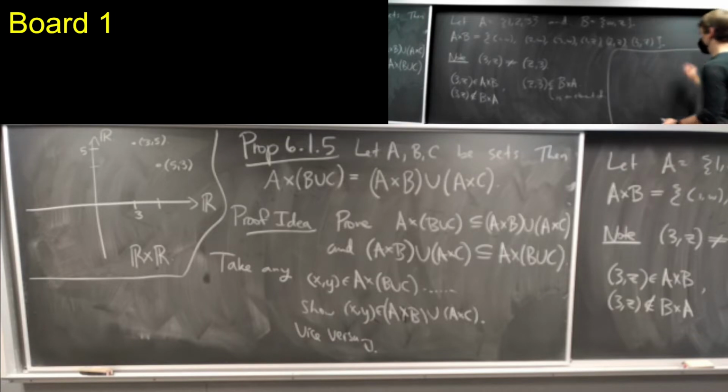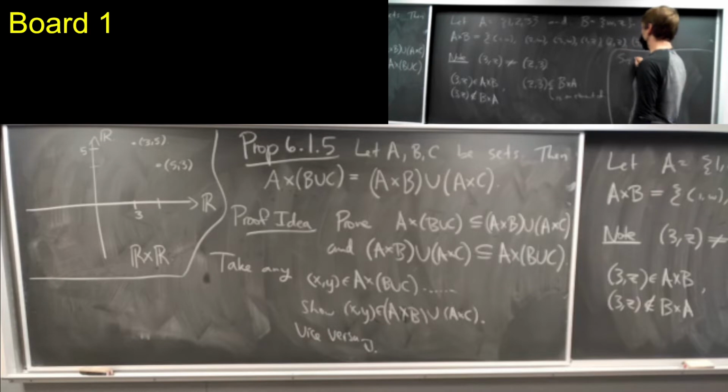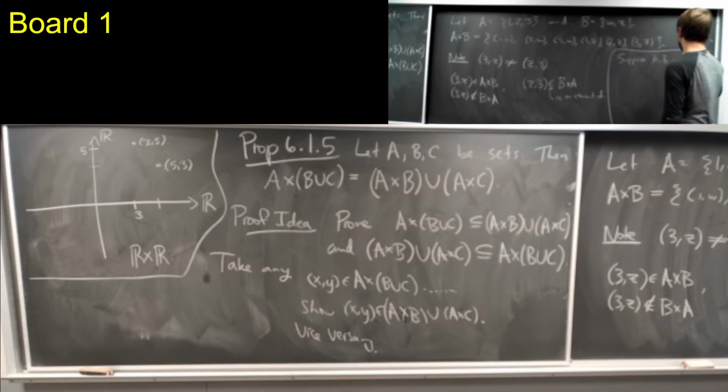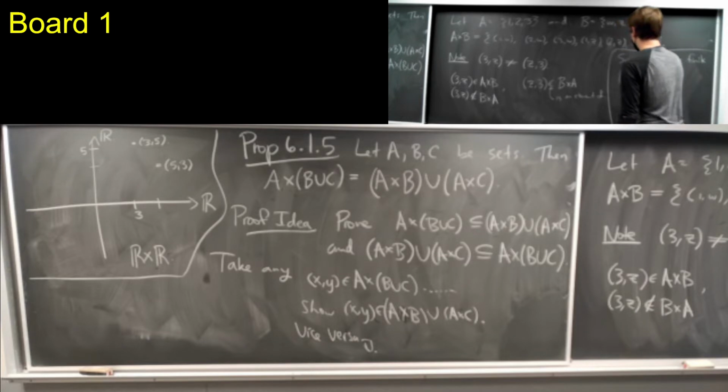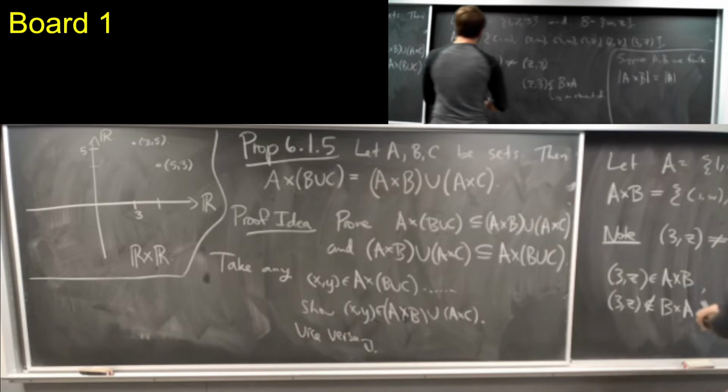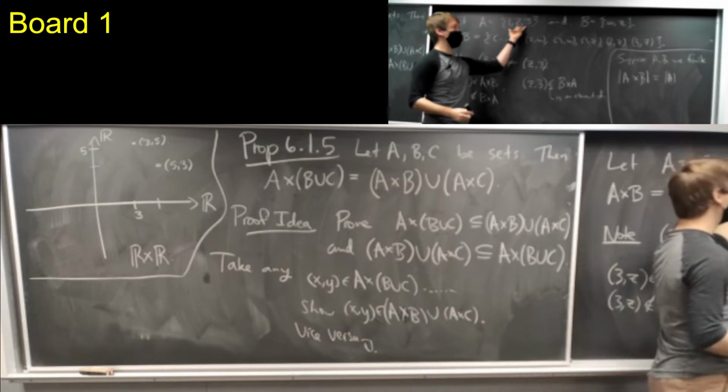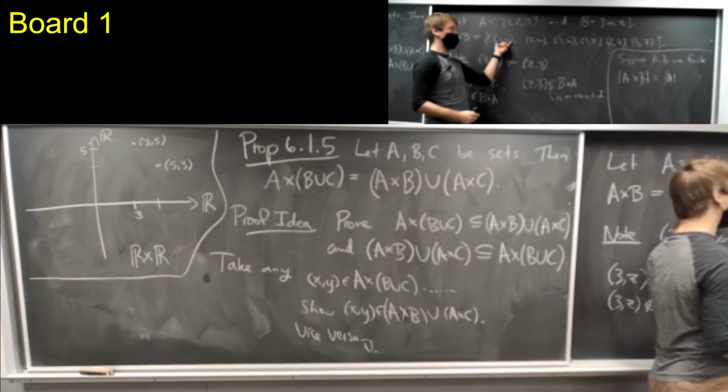Okay. Maybe a question for you. Suppose A and B are finite. How large is A cross B? Any guesses? It's something close. The size of A, the cardinality of A, will be involved somewhere here. But if you look at this example, it's not going to be quite right because A has size 3, but my Cartesian product has 6 elements.